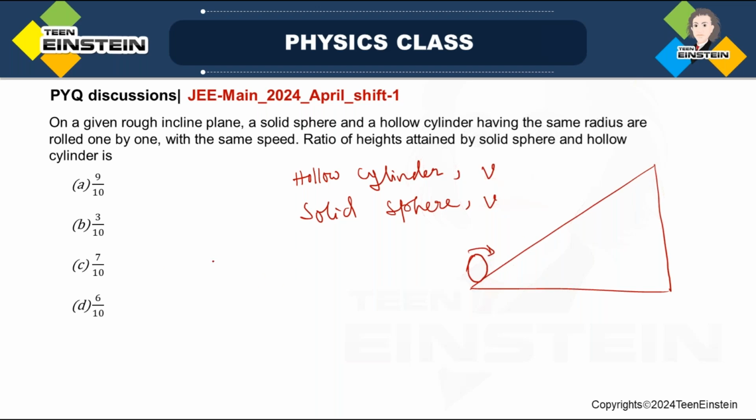So in this case, if it is translational motion, what you would have done is the total kinetic energy. This is energy conservation. From energy conservation, we can actually solve this problem.